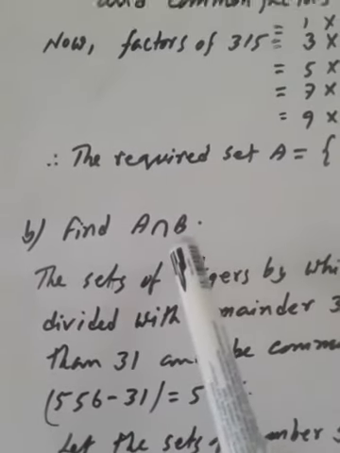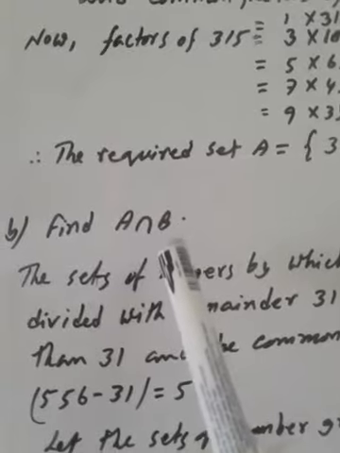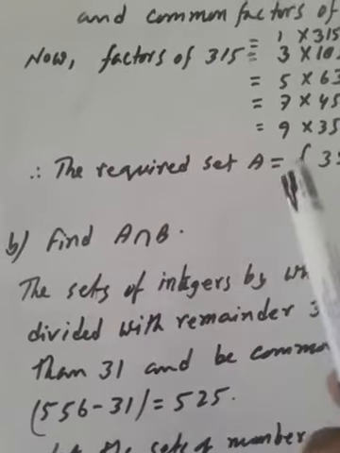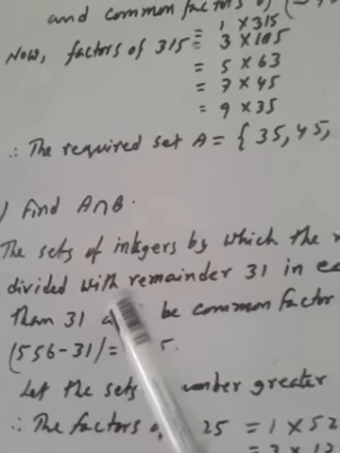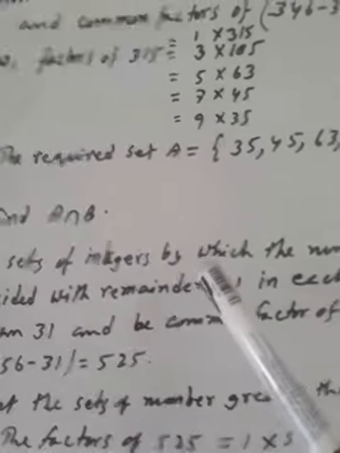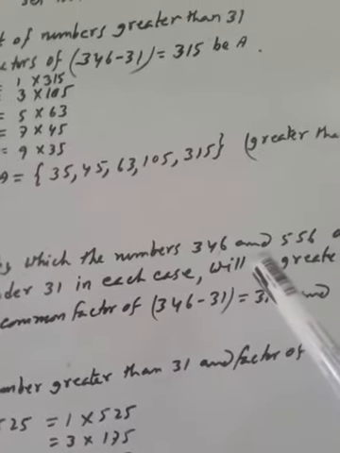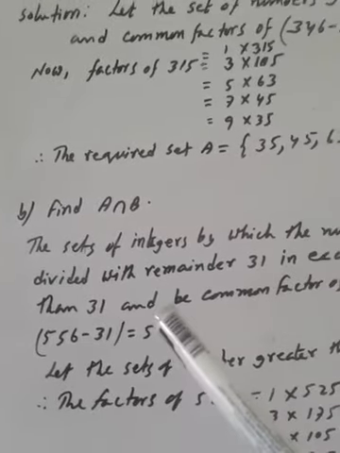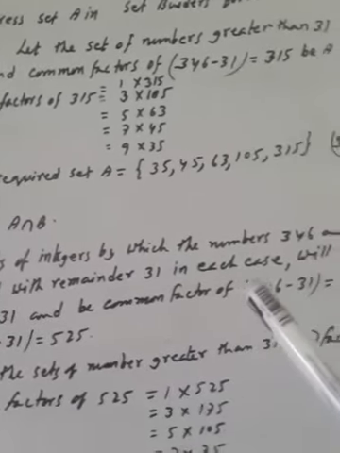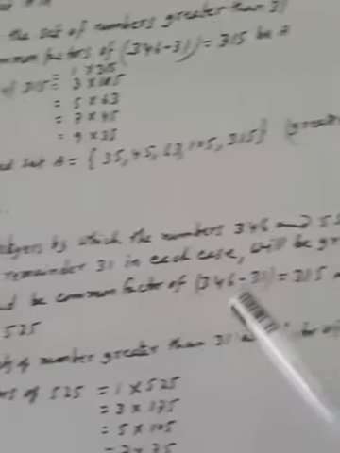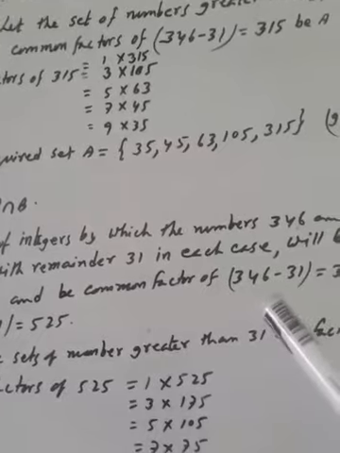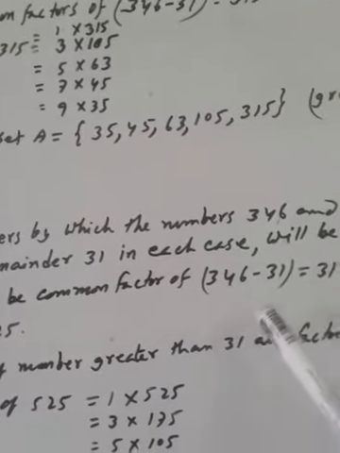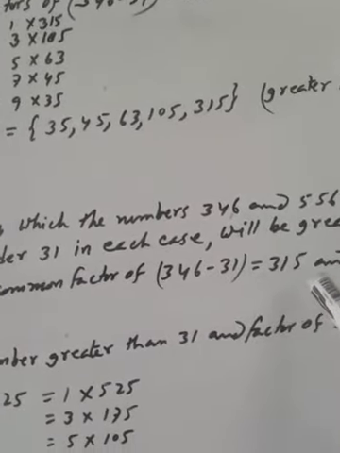Question B: find A intersection B. First we have the set we got in A. Now we have to find set B. You can write the statement like this: the set of integers by which the numbers 346 and 556 are divided with remainder 31 in each case will be greater than 31 and be common factors of 346 minus 31, 315.